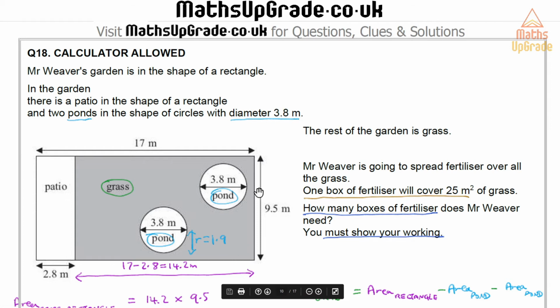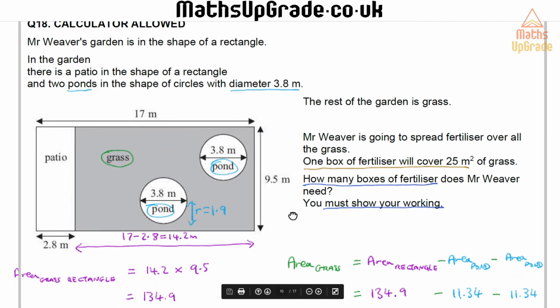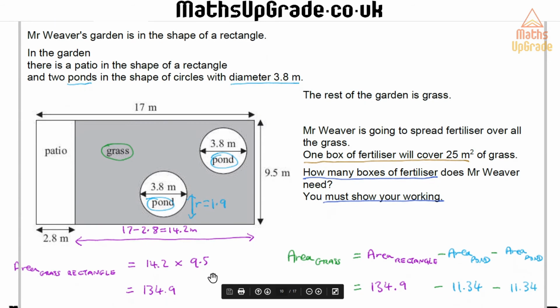So the area of this whole rectangle is 14.2 times 9.5, length times width, which gives me 134.9. That's the area of the grass rectangle.